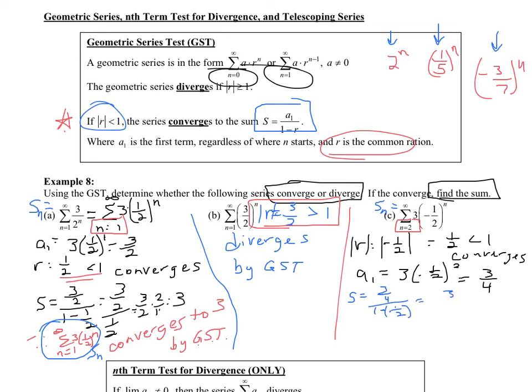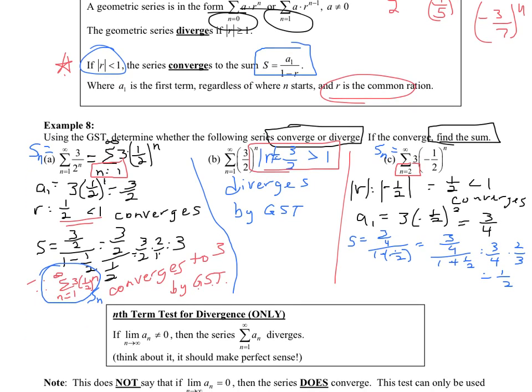So that's 3/4 over 1 plus 1/2, which is 3/4, and this is 3/2 down here, so times 2/3, and so that's going to equal 1/2. All right, so let me scoot up a little bit so we got a little bit of room here. So S sub n converges to 1/2 by GST.